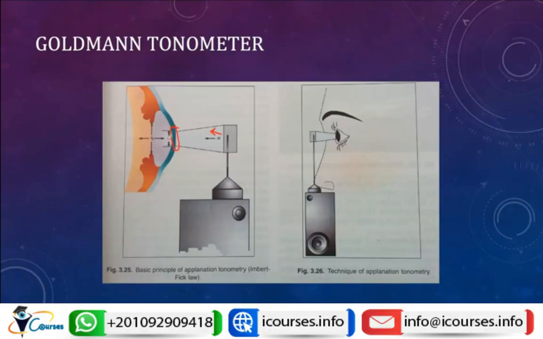And this applanation should applanate a specific area. This area, according to the Imbert-Fick principle, is 3.06 millimeters. You have been asked about this in the optics exam. So we fix the area, and now we can change the knob in order to apply more force over the eye until there is applanation of this part of the cornea, which equals 3.06 millimeters.